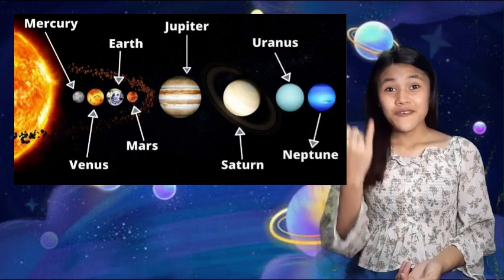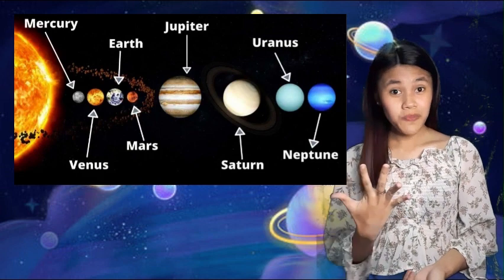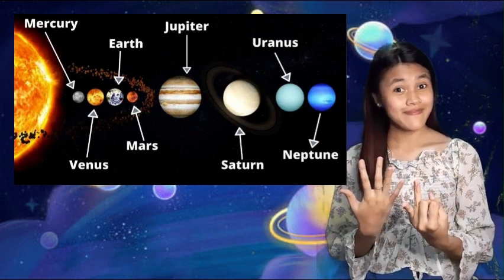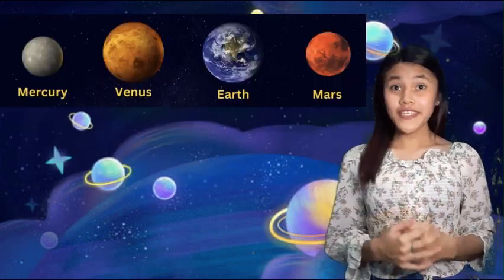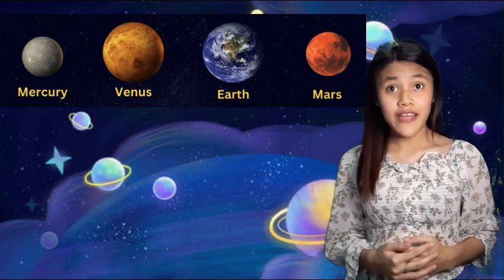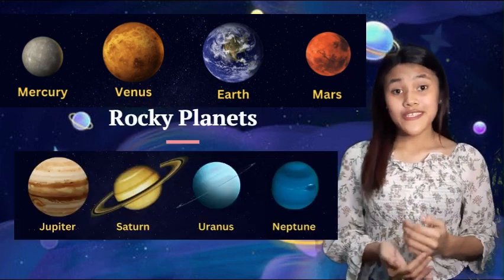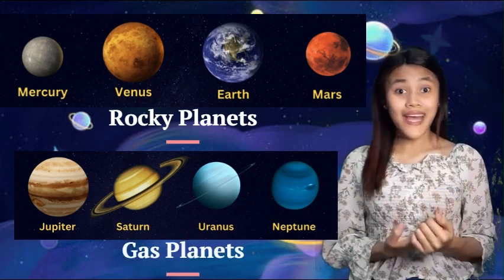Mercury, Venus, Earth, Mars, Jupiter, Saturn, Uranus, and Neptune. Yay! So we learned that Mercury, Venus, Earth, and Mars are rocky planets, and Jupiter, Saturn, Uranus, and Neptune are the gas planets. Wow! Those are the 8 planets of the solar system.